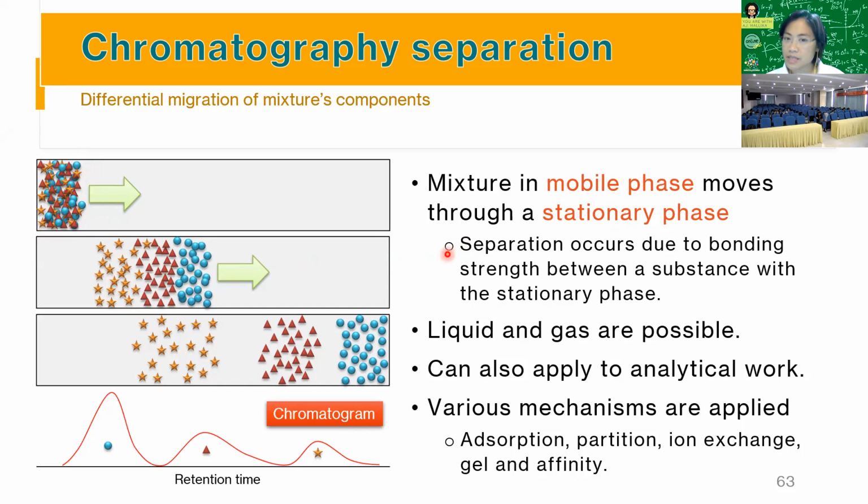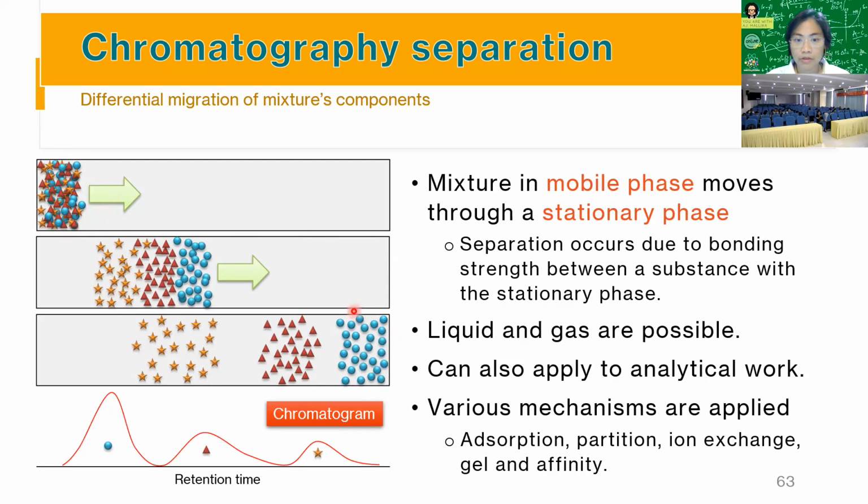Most of the separation occurs due to bonding strength between a substance, each of these colors, and the stationary phase. If you see from these pictures, you have a mixture, and you flow this thing in the mobile phase through the stationary phase.